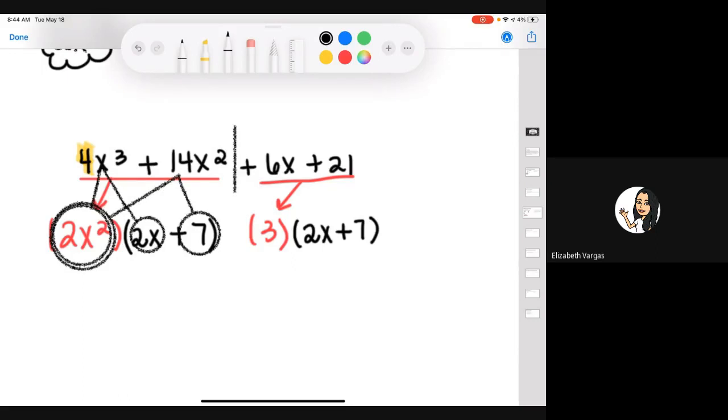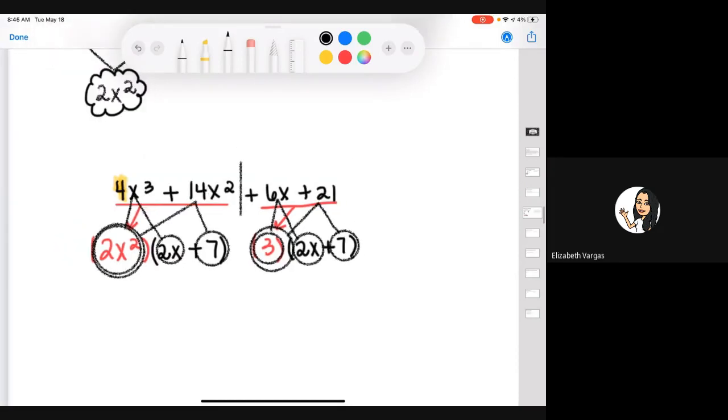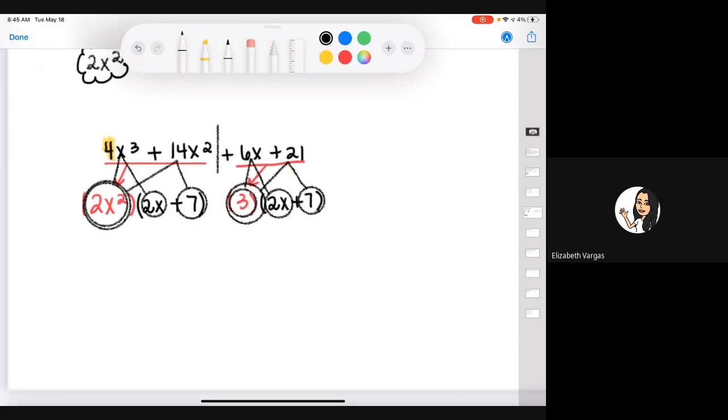So basically I'm trying to figure out what is my factor to give me my original expression. Here, 3 times 2x gives me 6x. 3 times 7 gives me 21. Okay, and so that's basically what I'm going to go ahead and do. And so therefore, that would represent, and I'll go ahead and write it again because I know you can't really see it, my simplified expression of that polynomial.